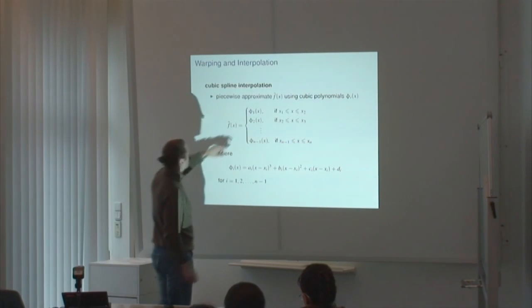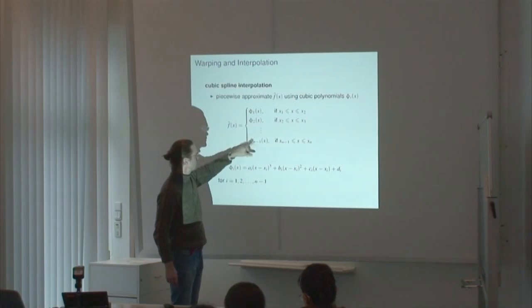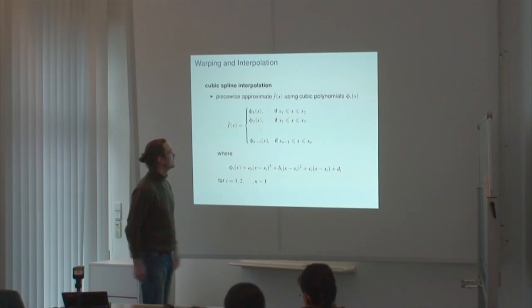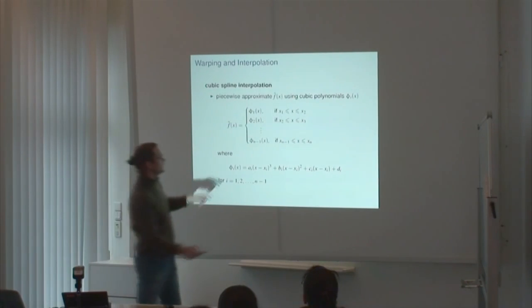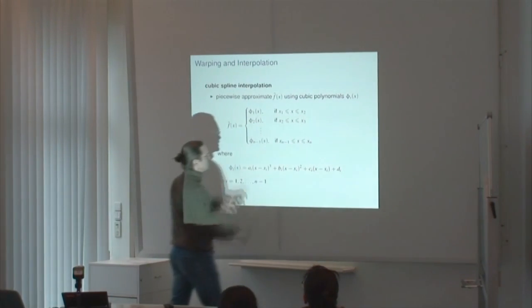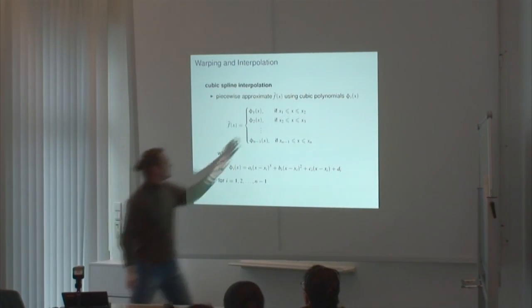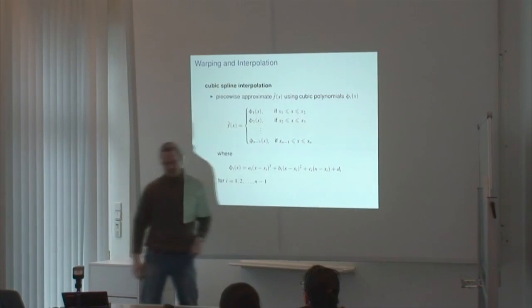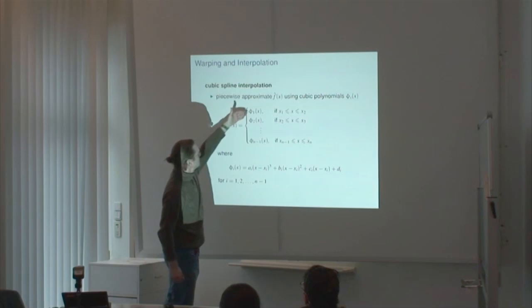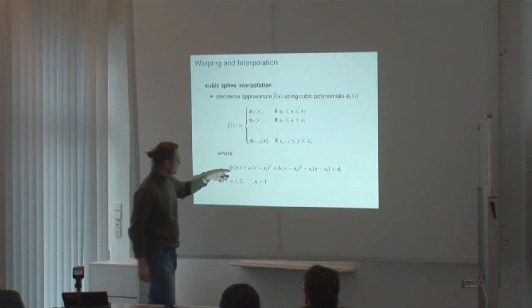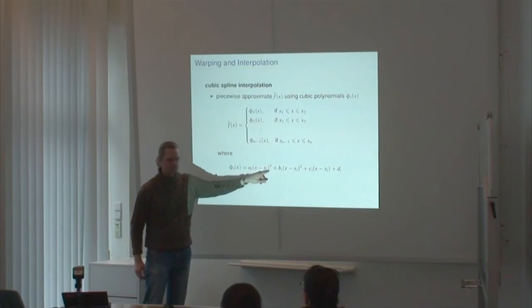Each of these phi 1, phi 2, all the way to phi n minus 1 are basically interesting to us only in a certain range, that is only in between two correspondingly consecutive sample points. And we assume that each of these functions phi is a polynomial of degree 3.